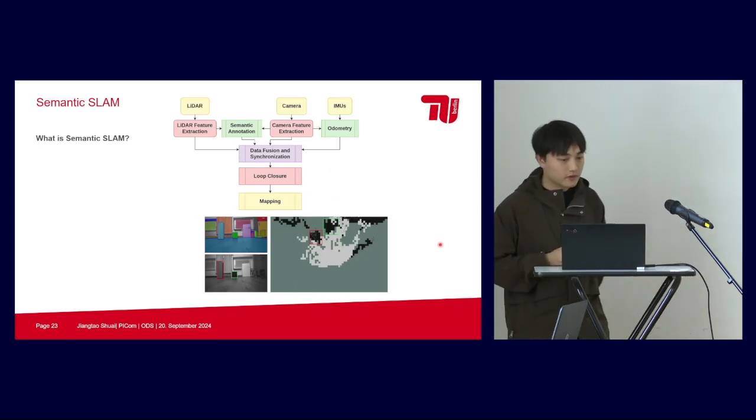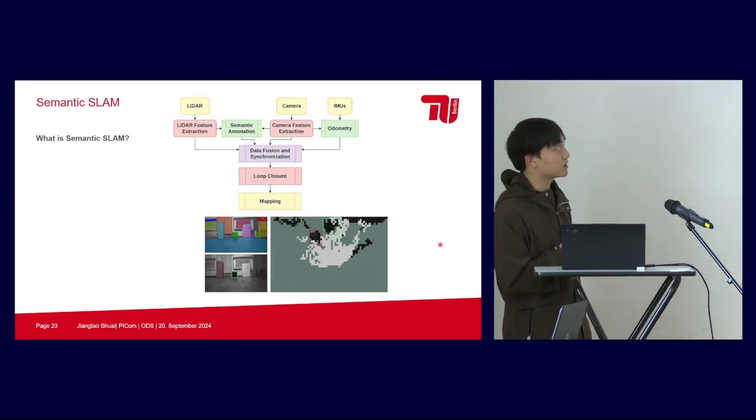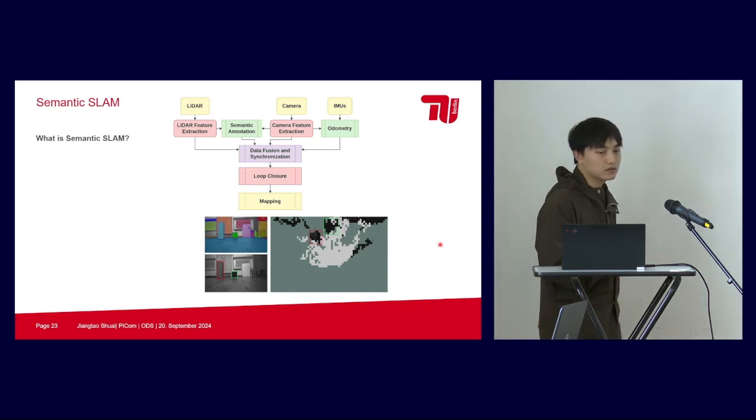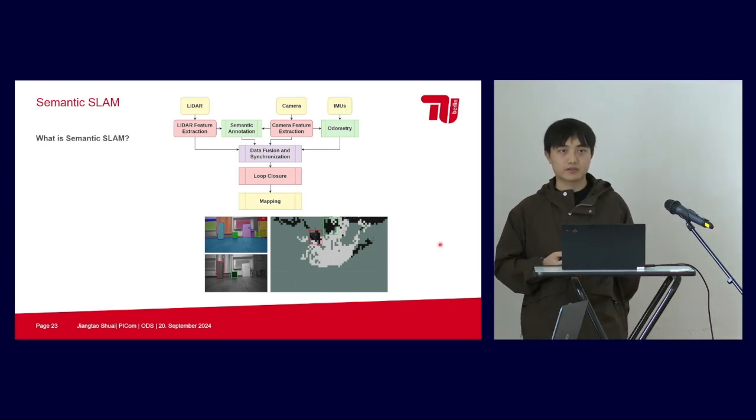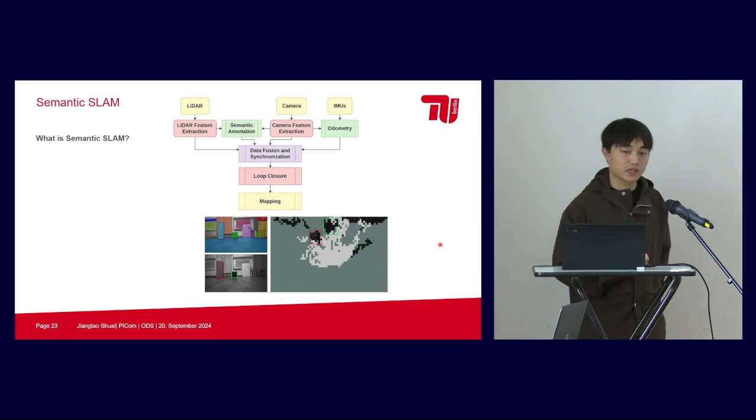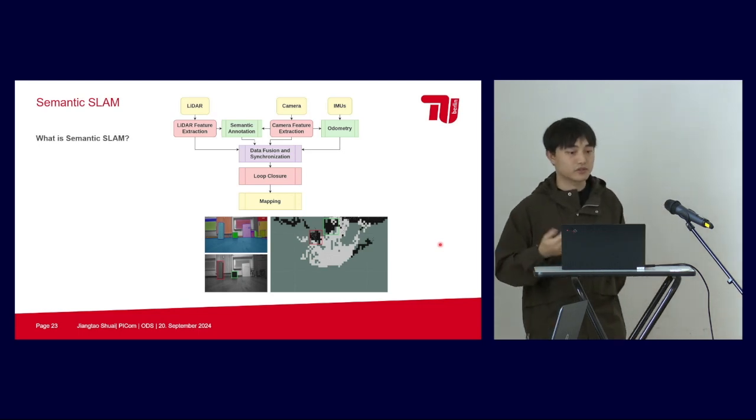And here is the framework, or the components, inside the semantic SLAM. So we use the LiDAR to get the point cloud, use the camera to get the images, and the IMU to get the states of the robot itself. Then we can know the velocity and orientation of our robot.